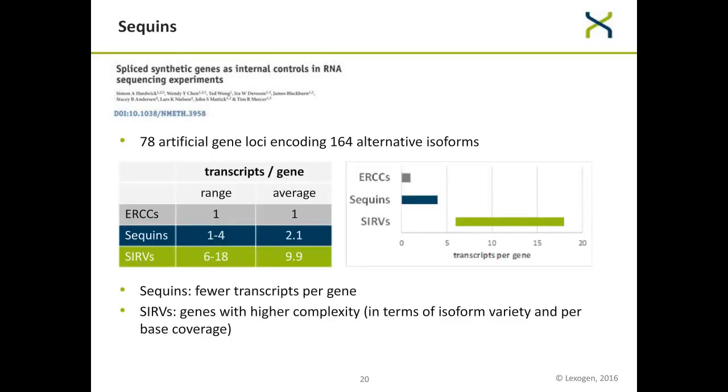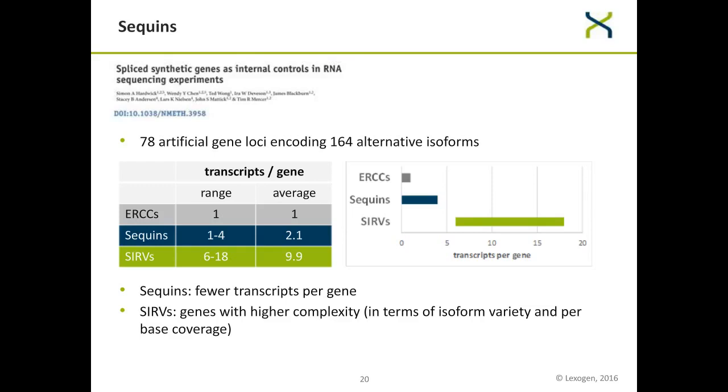But that also means that the transcript number per gene ranges from 1 to 4 for the sequins. So on average, there are only 2 transcripts per gene, which puts them a little bit closer to the ERCCs, whereas the SERVs have a very high complexity with 6 to 18 transcripts per gene, and on average, we have actually 10 transcripts per gene.